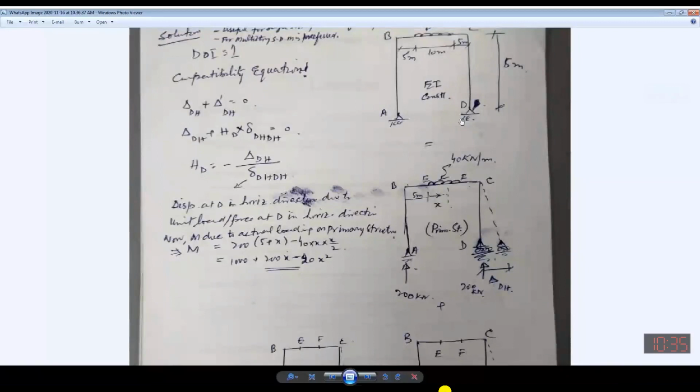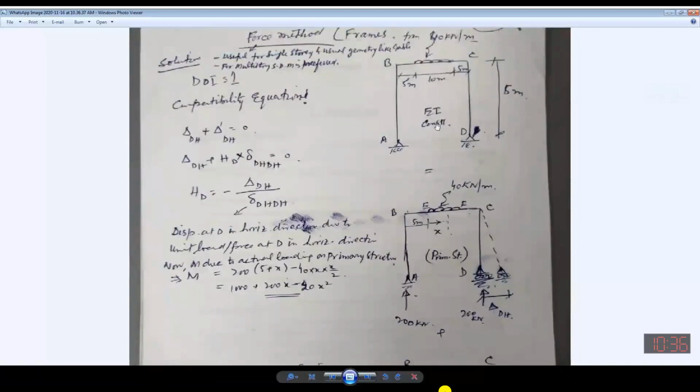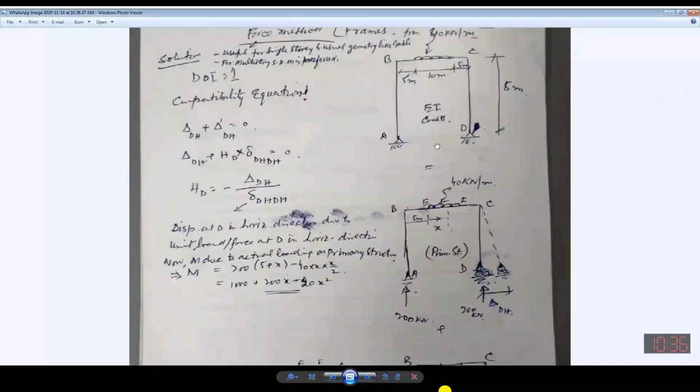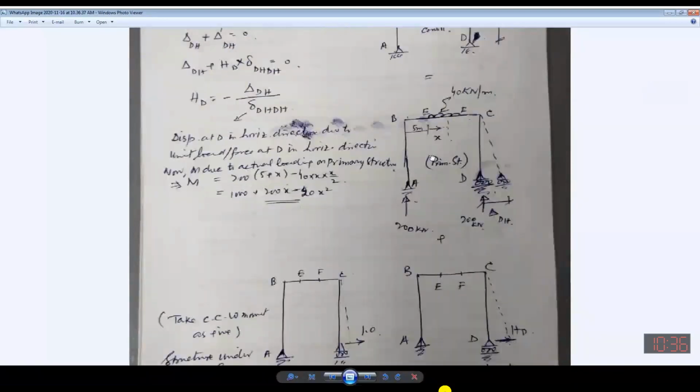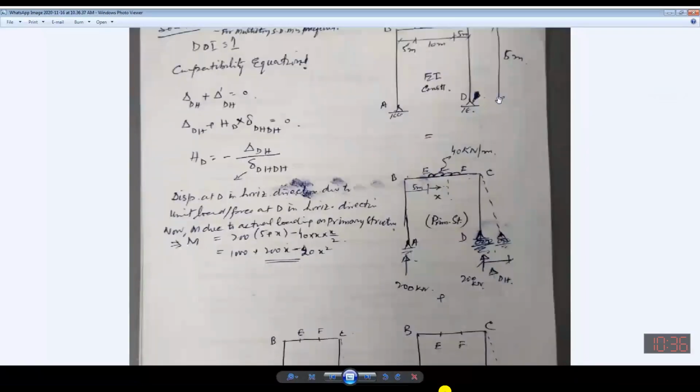Now for the solution of this numerical, this can be broken into 2 parts. One will be the primary structure. Here I have taken the horizontal force as redundant. Horizontal force as redundant. Okay?